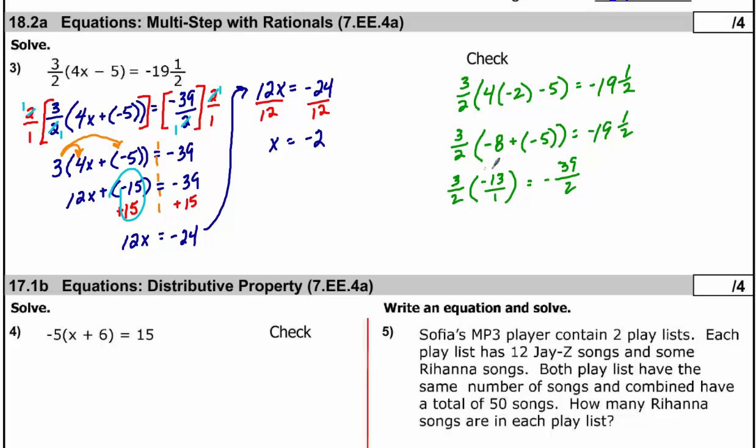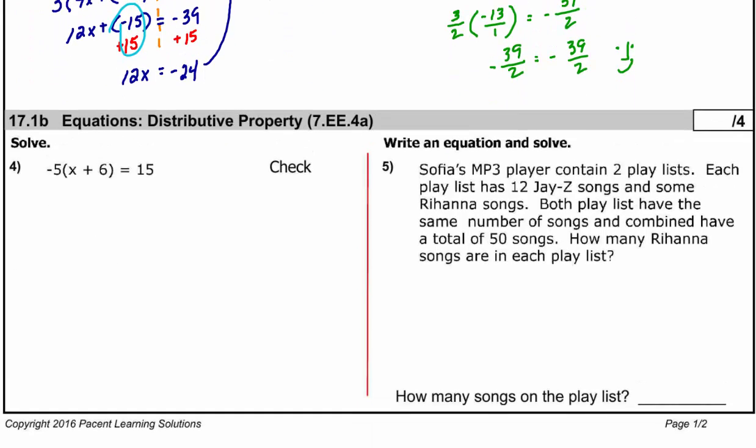Because now I can see 3 times negative 13 is negative 39 over 2. Again, that's going to be the whole fraction, equals negative 39 over 2. Yay for us. All right. Seemed like a long problem, but that one will definitely be easier the second time you see it.